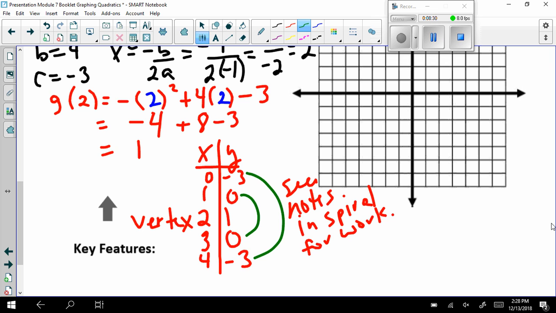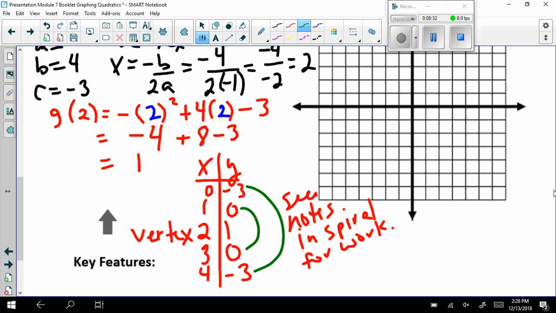All right, now I'm going to plot my points. So (0, -3): 0 left or right, down 3. And then (1, 0): I'm going to go to the right 1 and up and down 0.